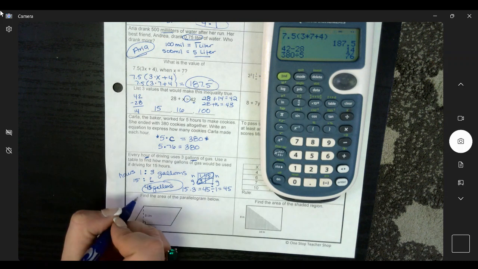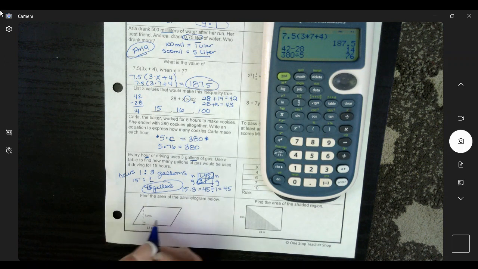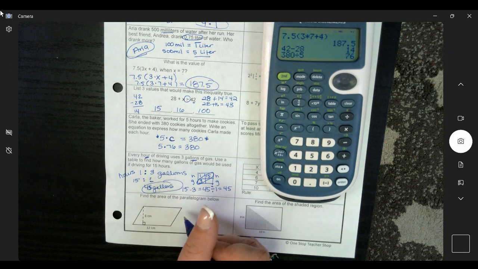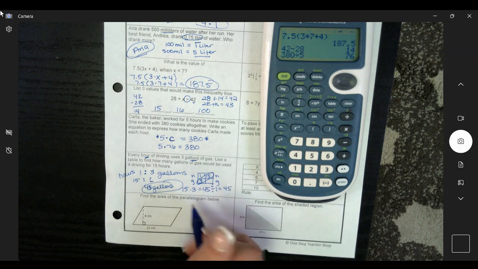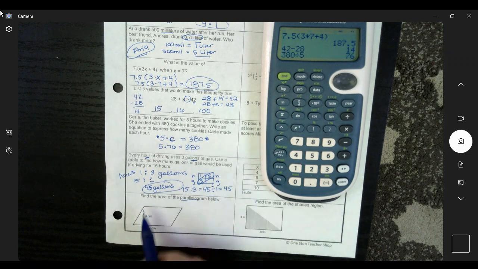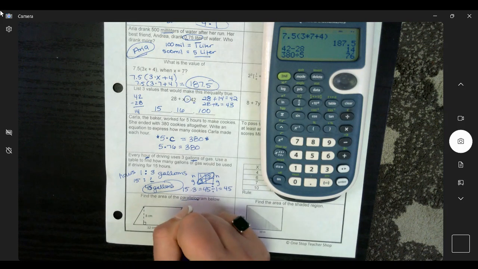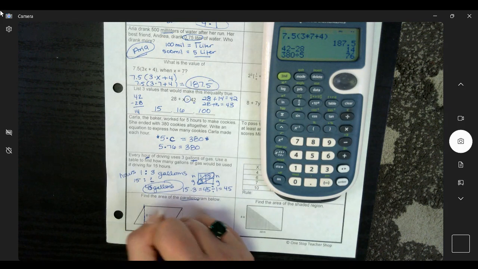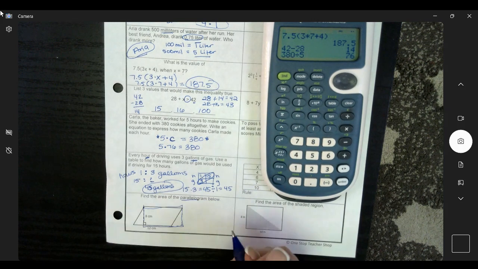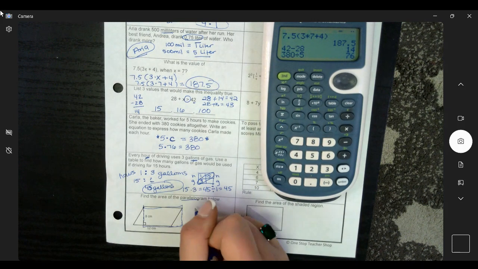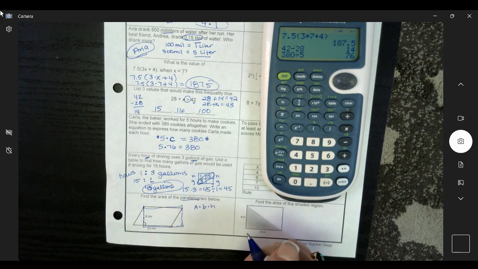And then the very last question I also told you to put a star by, just because we haven't gotten to area. But it's just like the area of a rectangle. It says find the area of a parallelogram. Well, if I cut off this triangle right here and I moved it over to right here, it would make a rectangle. And to find the area of a rectangle, you do base times height or length times width.